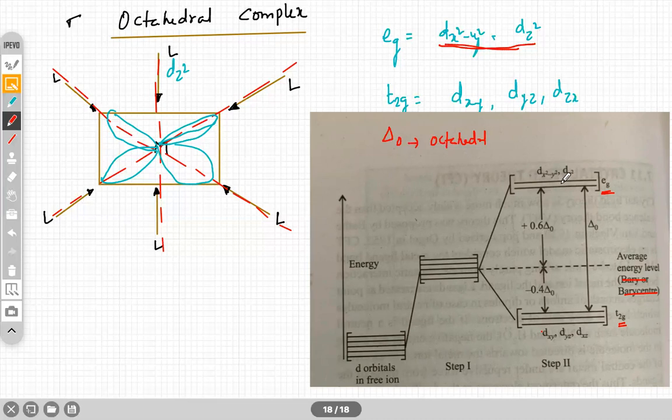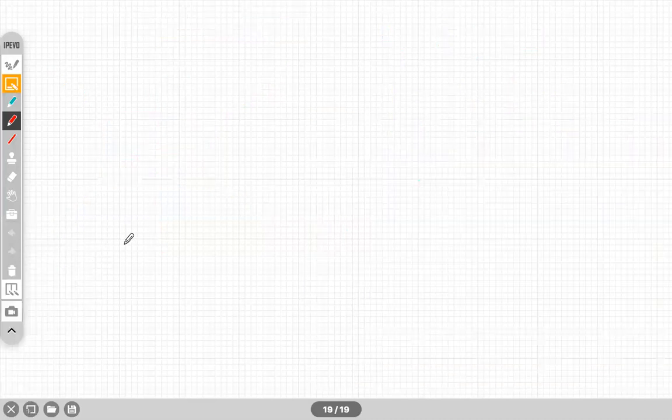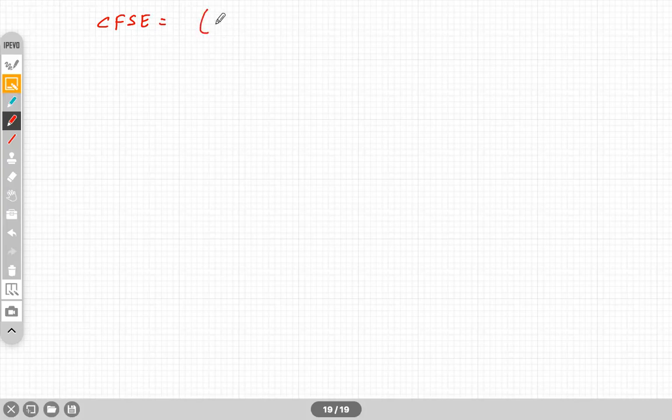How do we find out the crystal field splitting energy? Obviously the two sets of orbitals will have an energy difference between them, and we can calculate this energy difference by a formula called CFSE, crystal field splitting energy. It is given by minus 0.4 times x plus 0.6 times y, times delta O. Again, it is O, not naught; O stands for octahedral.